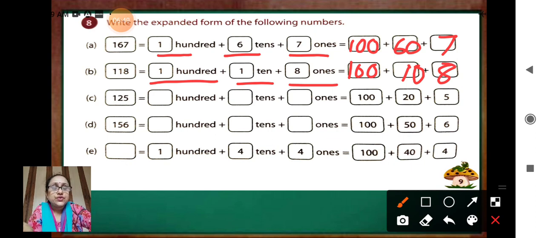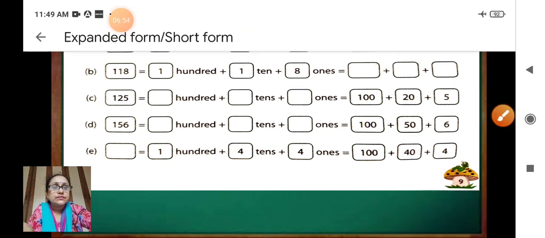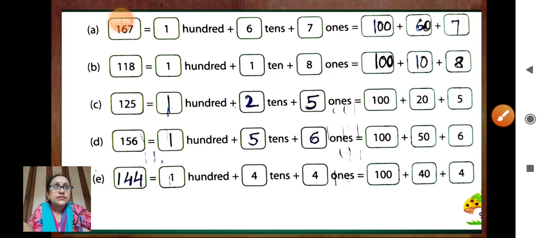Now try to do the next. Check your answer. Have you done? Have you written like this? Correct? You have understood? Okay. Finished all of you?